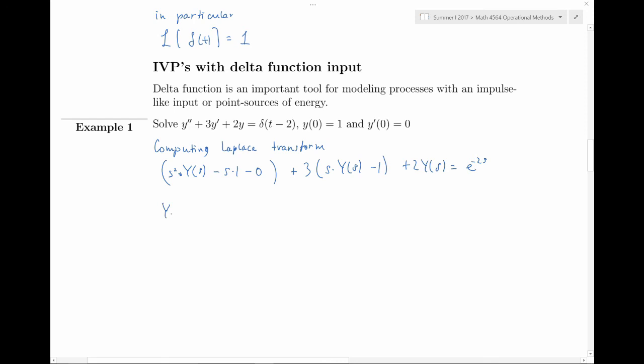Grouping the terms together, we see that y of s is multiplied by s squared plus 3s plus 2. And that should be equal to s plus 3 plus e to the minus 2s.